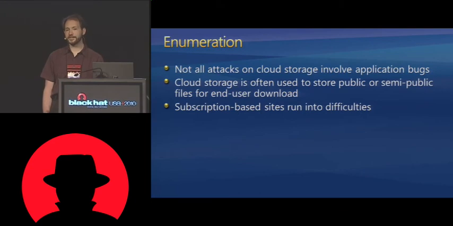It's not just sites that are subscription-based that run into this, but also sites that are multi-tenant or have tiered access control. Because if I'm storing everything in the same back-end bucket, once somebody has the URL for one of my files, they can then enumerate it to get the URL for other files.